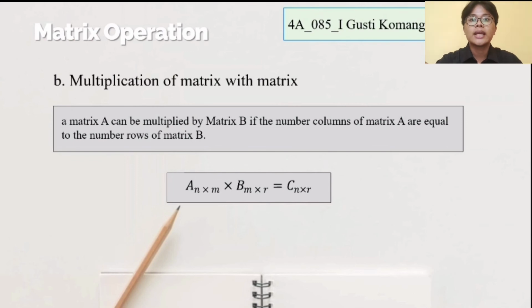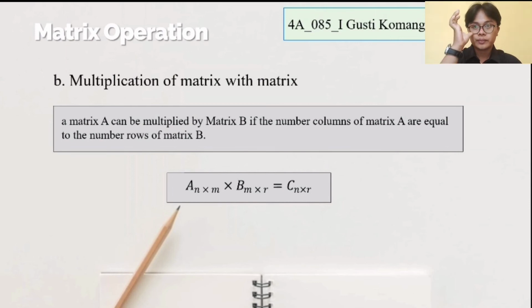Matrix multiplication can be done by multiplying the rows of matrix A by the columns of matrix B.